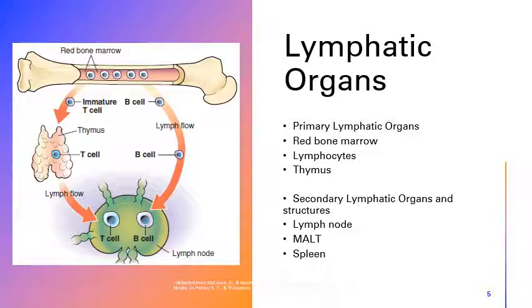The job of a lymph node is to filter the lymph or that fluid before it goes back out into our bloodstream. So the lymph nodes are the only ones that are filtering our lymph.